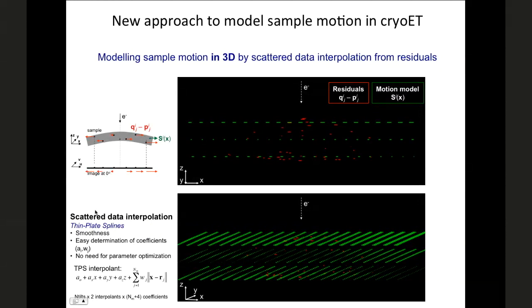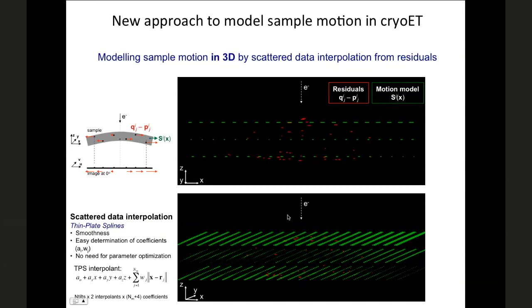And then when we apply scattered data interpolation, we obtain a smooth, continuous vector field, as shown here in green, that represents the sample motion estimated for every single point in the tomogram. For illustration purposes, here only the vector field at a grid is shown, but the vector field is continuous.